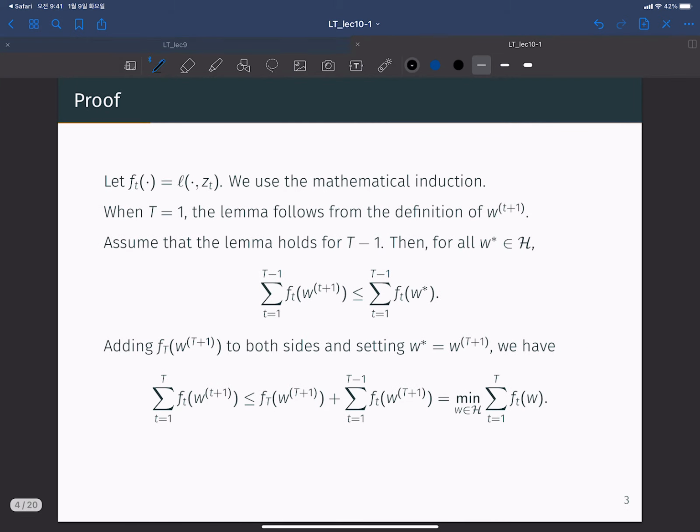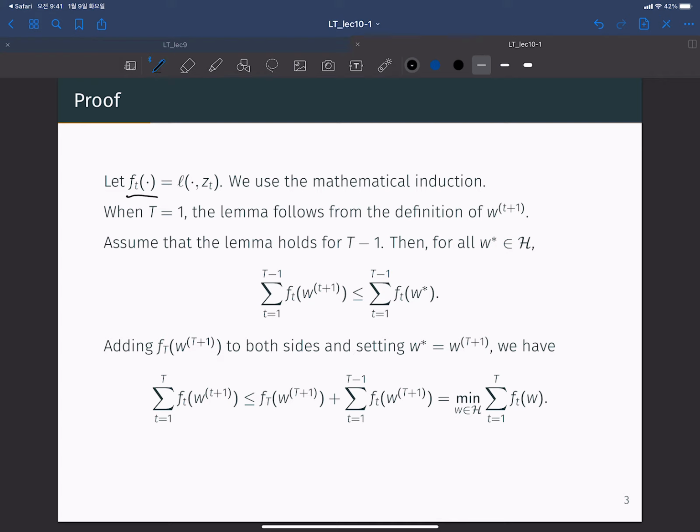How can we show this? Just for notational simplicity, let's use f_t as the loss at time t, the loss with g_t. And we use mathematical induction to show this lemma. When capital T equals 1, the lemma is true just from the definition.